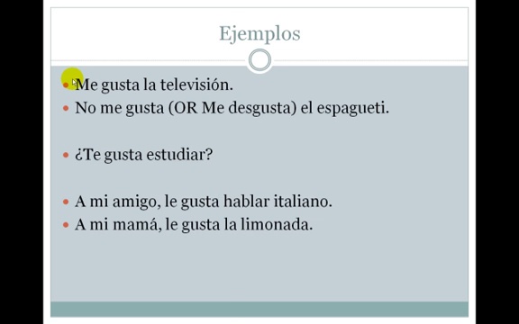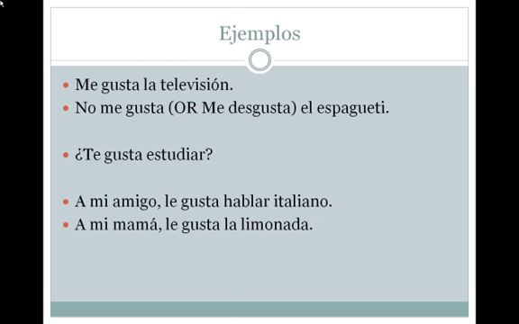Okay, so if I say me gusta la televisión, I'm saying that television is pleasing to me. I like television. If I wanted to change that sentence to say, you like television, the only thing I would change is me. And I would change that to te and say, te gusta la televisión.